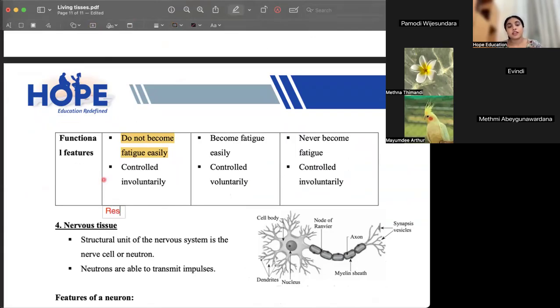You can take respiratory tract, digestive tract, uterus, bladder, blood vessels. They are all locations where you can see smooth muscle tissues.